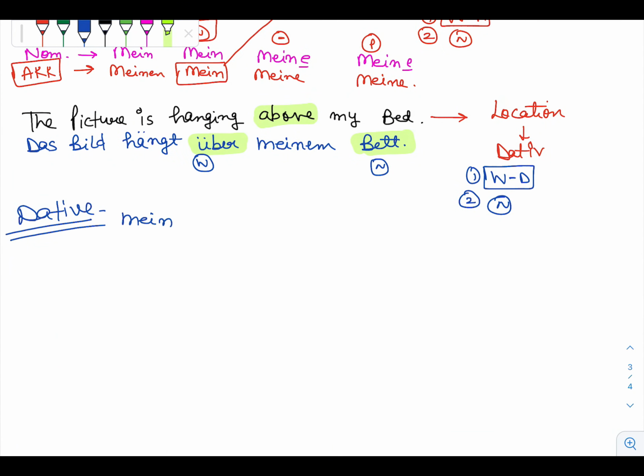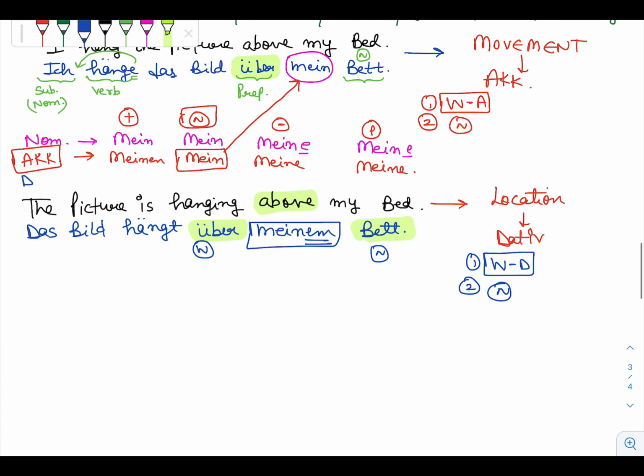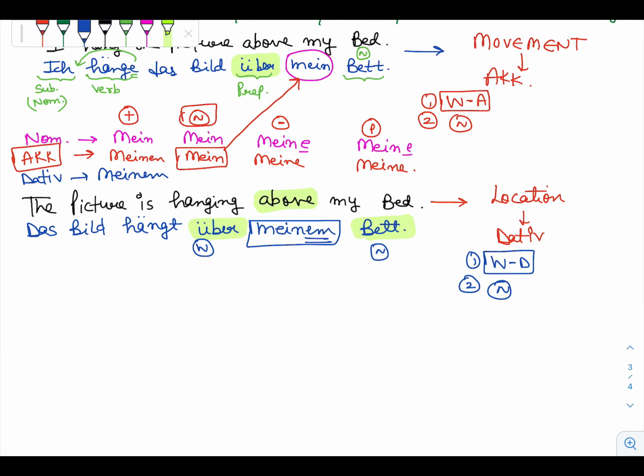Here also we will use that only in meinem. Okay, it's the same. I explained that in the possessive pronoun lecture. So that's why here it is meinem, like here dative. So here meinem and so on will come.